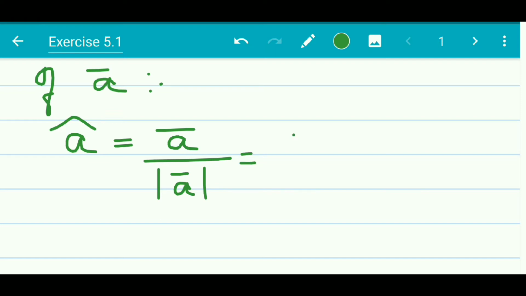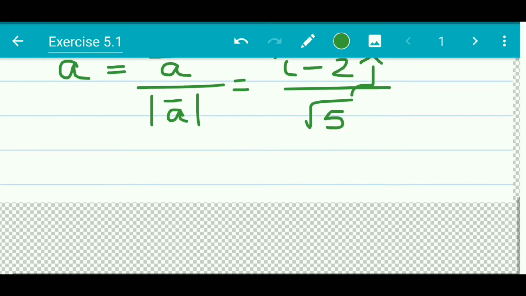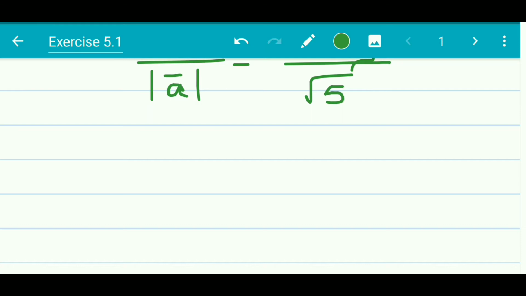Now a bar is i minus 2j and mod a bar is root 5 as we found just now. So this becomes a cap. This is a unit vector along a bar. But we do not want the unit vector along a bar. We want a vector of magnitude 7. So we find 7 a cap. This is the required vector. So 7 a cap comes out as 7 into our answer which we found just now.